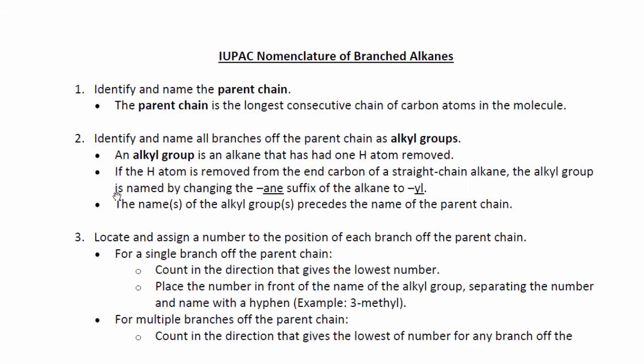So we'd actually call that propane. If we take a hydrogen away from it, we change the A-N-E suffix to Y-L, and so propane changes to propyl. And so propyl is going to be a 3-carbon group that would be attached. Butyl would be how many carbons? 4 carbons. If it was octyl, it would be 8 carbons. So it's basically whatever that alkane is with 1 hydrogen removed. Okay, anybody else?